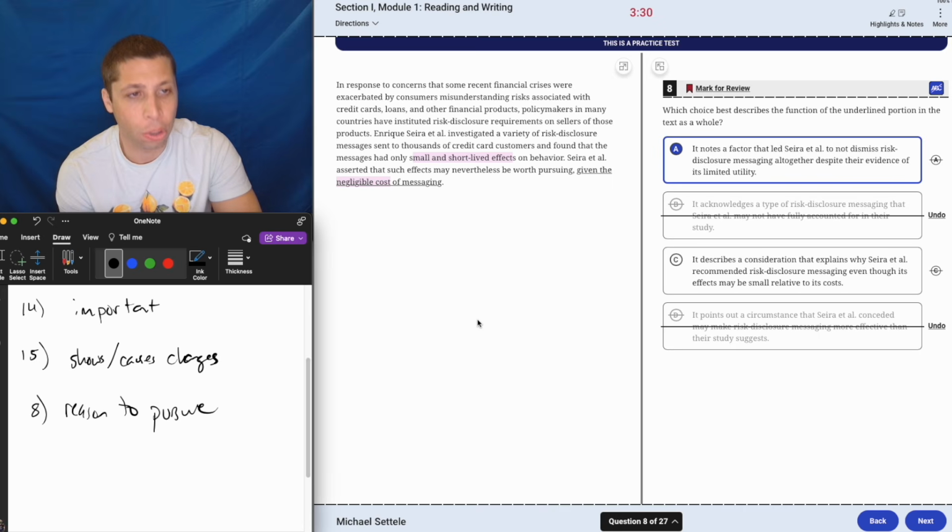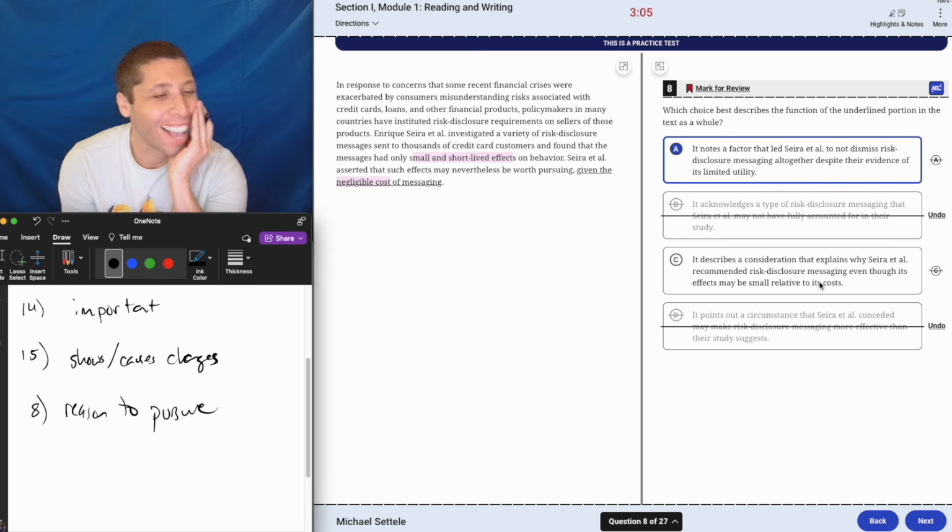So it's a reason to pursue it, but instead of saying pursue, they say not dismiss, right? Double negative means the same. Okay. It acknowledges the type of risk disclosure messaging that these people may not have fully accounted for in their study. No, it's not a type of messaging. Gone. It describes a consideration that explains why they recommended risk disclosure messaging. True, even though its effects may be small relative to its cost.